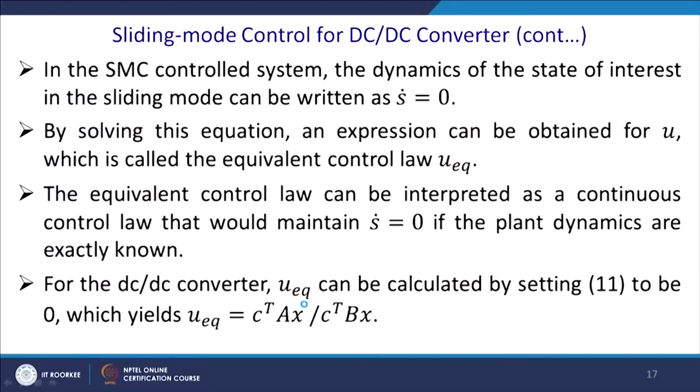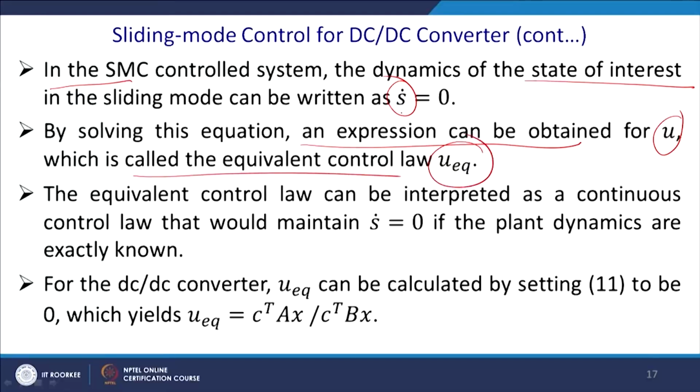Thus, what we can say here, in the sliding mode control system, the dynamics of the state in the sliding mode can be rewritten as S dot equal to 0. By solving this equation, an expression can be obtained for the input u, which is called the equivalent control law, or u EQ.